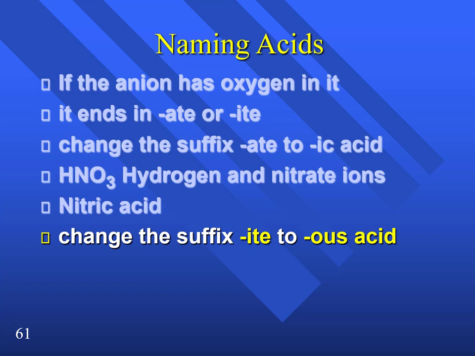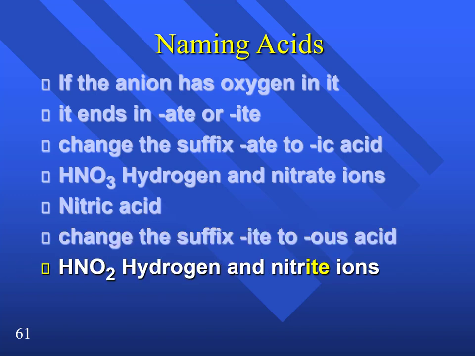The suffix "ite," I-T-E, we change to OUS acid. So if I had H and NO2, that would be hydrogen and nitrite.